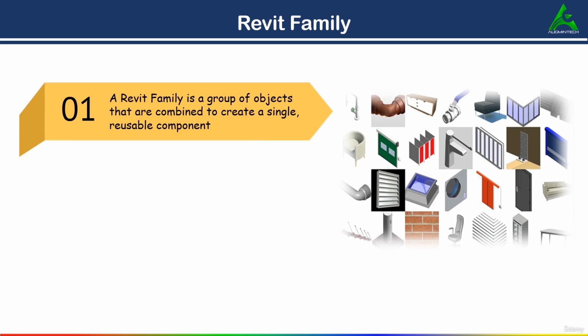Sometimes a family is not a single component. The group of objects or group of components that are combined to create a single component is also called a family. For example, a bed is made up of a group of components, so that is called a family.